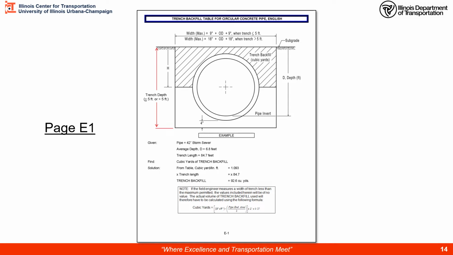And that's being recognized. So there's a wider pay width of 18 inches plus the outside diameter of the pipe. So 18 diameter of the pipe on the outside plus 18. To utilize the tables, there's a thing called D, or the depth.